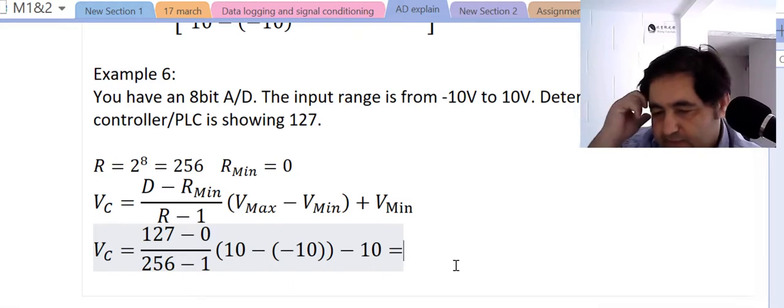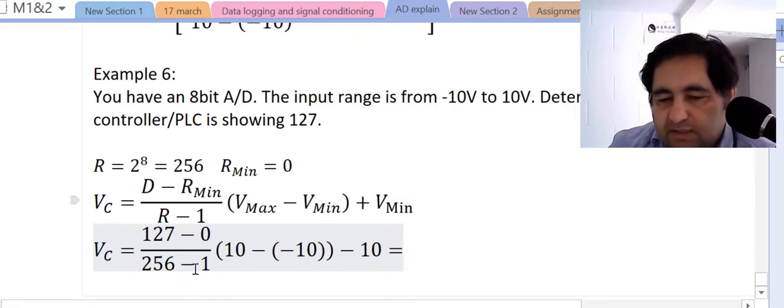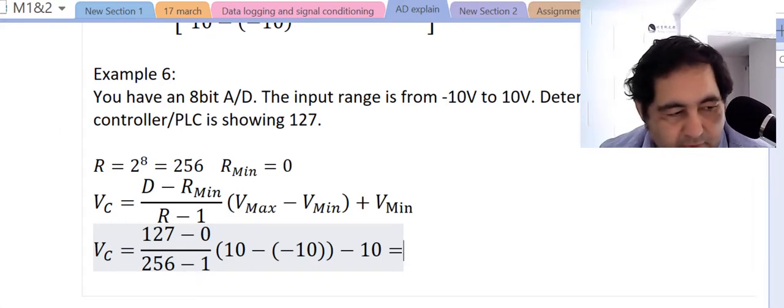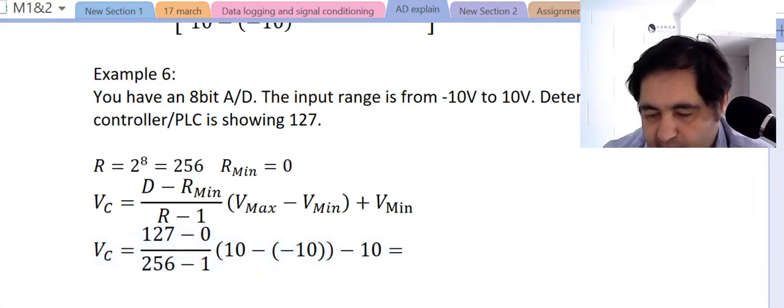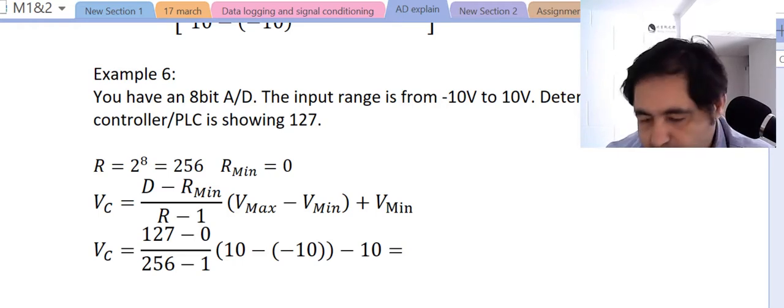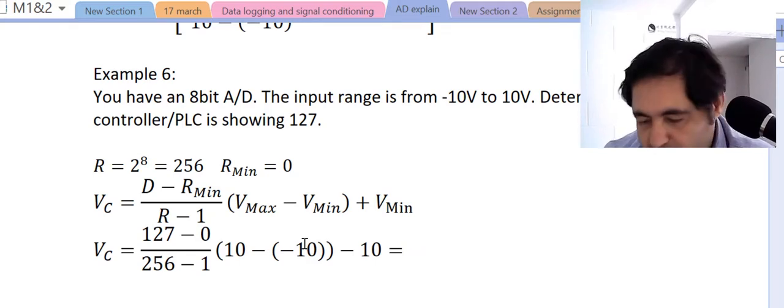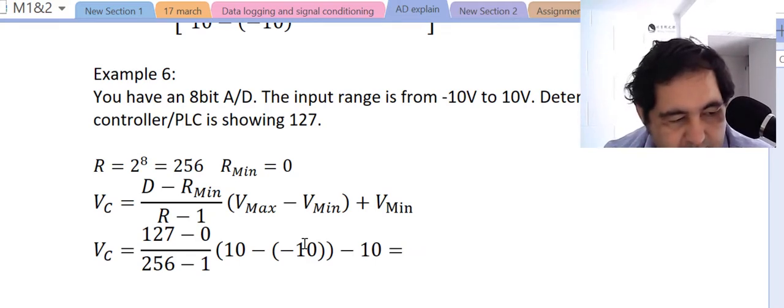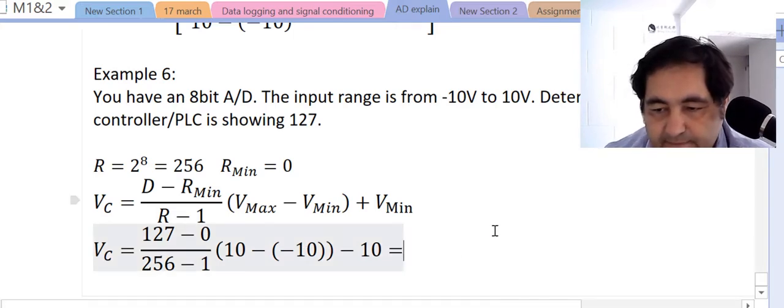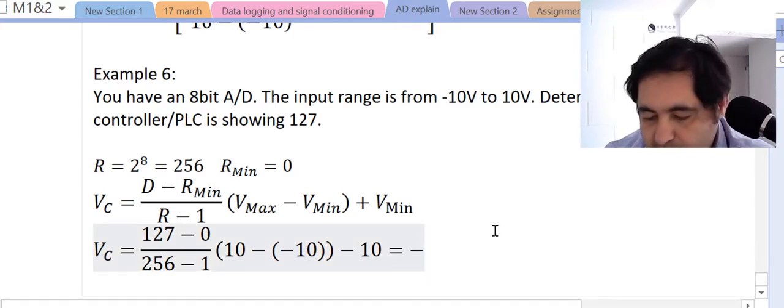So let me see how much the answer is. So 127 by 255, that is multiplied by 10 minus minus 10, which is making it 20, and then plus minus 10. Well, the answer is minus 0.3922.